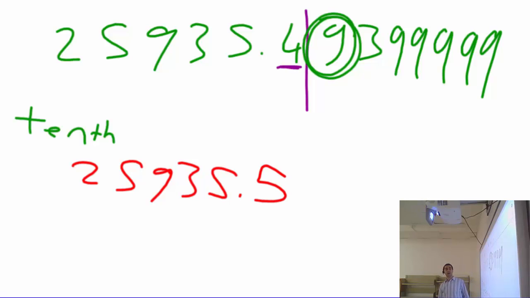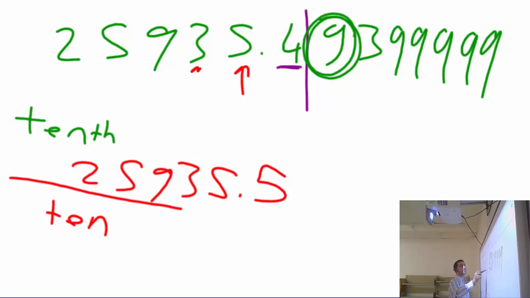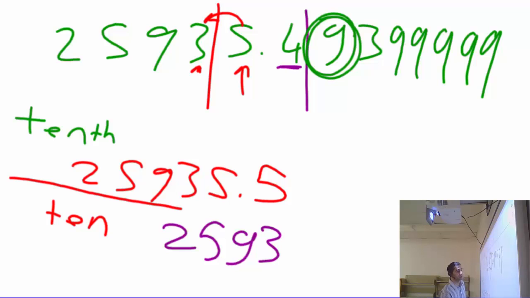5. How about the nearest 10? Which number is the 10 number here? Let's find that. This is 1. This is the 10 number. Once I find the 10 number on the right, I'm going to make a line and look at the next number, the first number I see, which is 5 or more than 5. Give 1 extra. So the answer will be 2593.